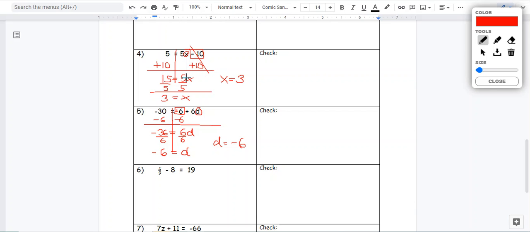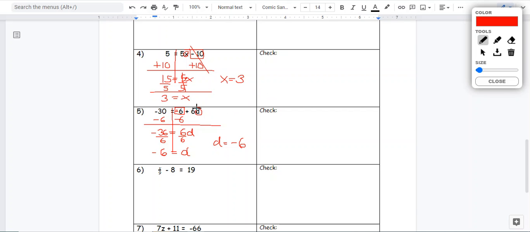To cancel out multiplication, we use the inverse of division. Divide by 5 on both sides. That cancels out the times 5, and on the left, 15 divided by 5 is 3. On the right, all that's left is the x. 3 is equal to x, or x is equal to 3.